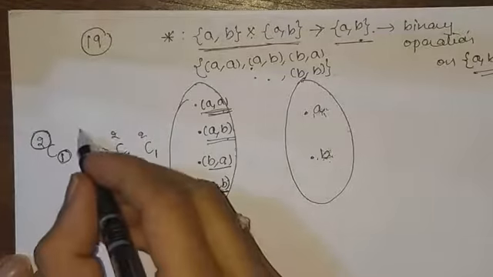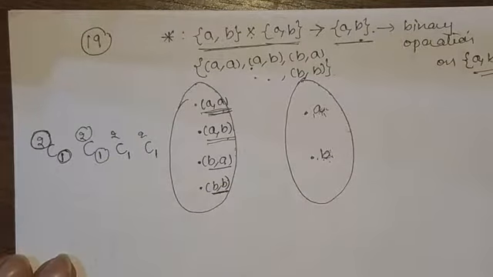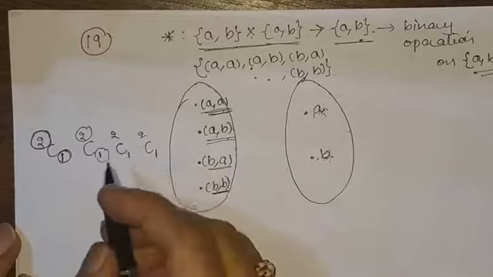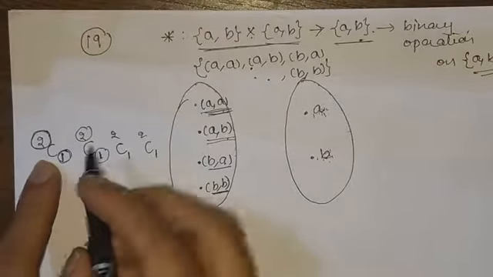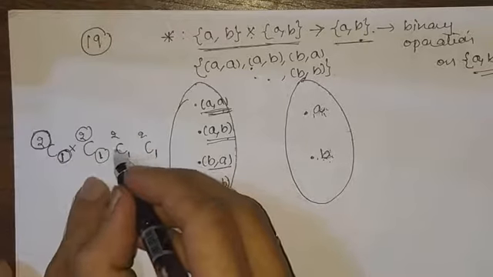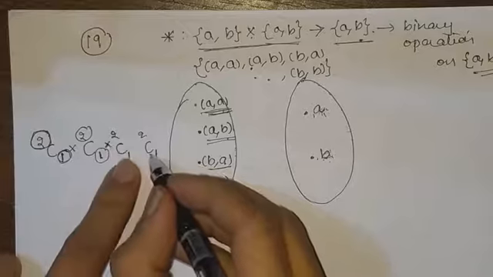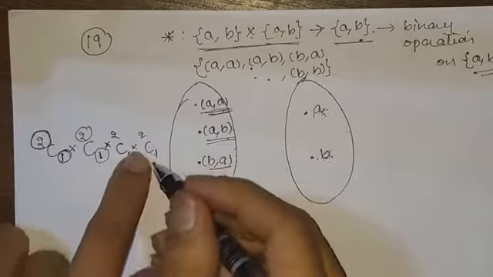Now this selection is dependent on the previous one, so we multiply. Also this selection is dependent on the previous selection, so multiply, right?